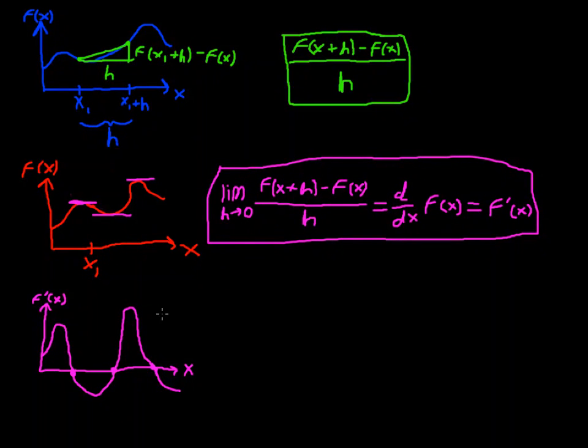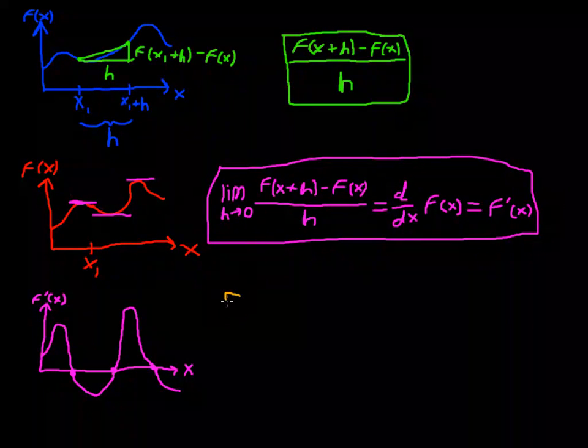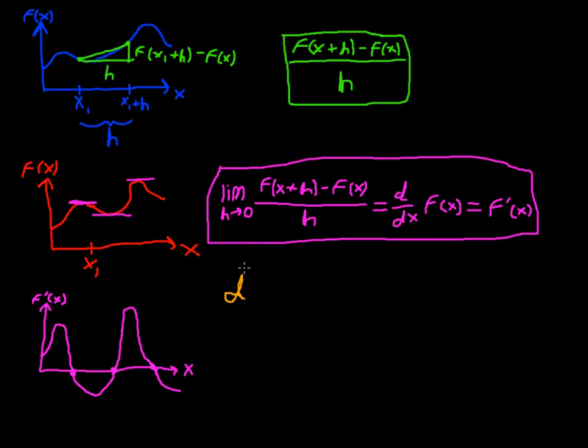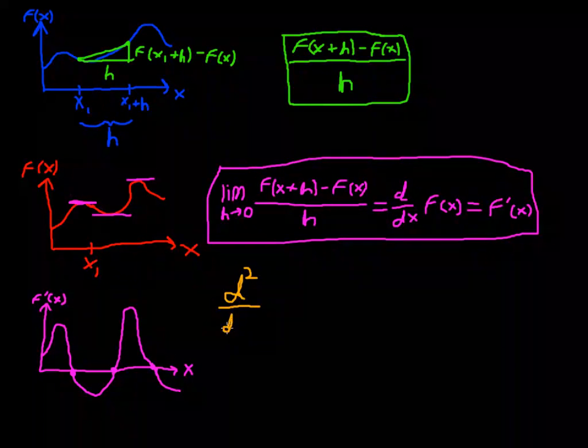Okay. So next, I am going to talk about the second derivative. So, pick a new color for this. Nice orange. So, the second derivative, d squared by dx squared, this is how you denote the second derivative of f of x.